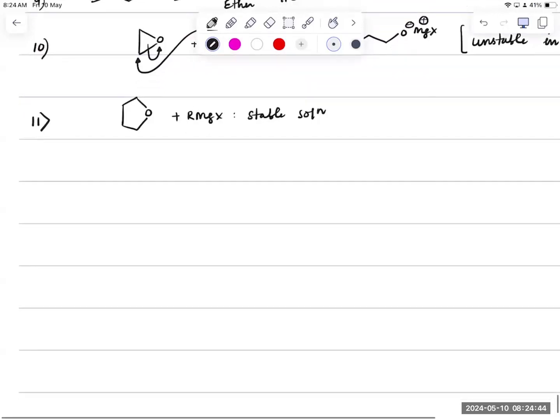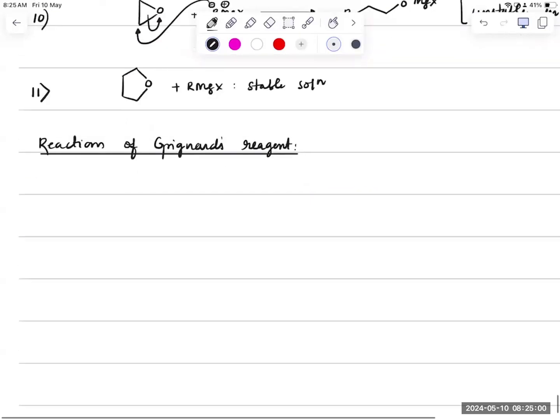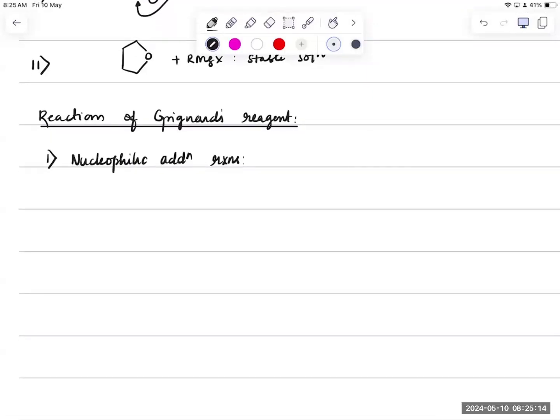Next, let us see what are the reactions of Grignard's reagent. Okay. First one is about nucleophilic addition reactions. Wherever there are aldehydes and ketones, it will always attack on them and get added.